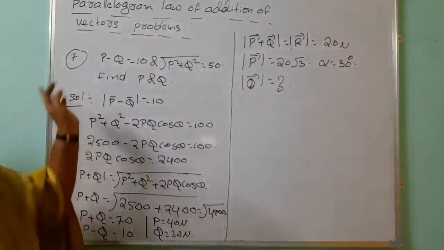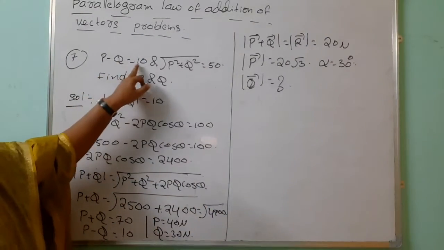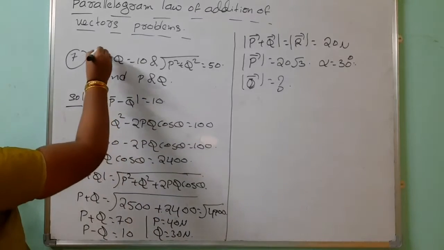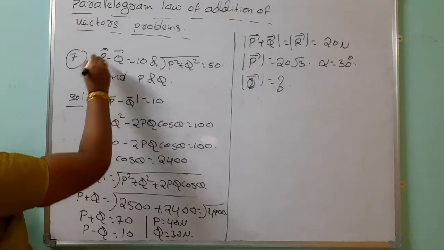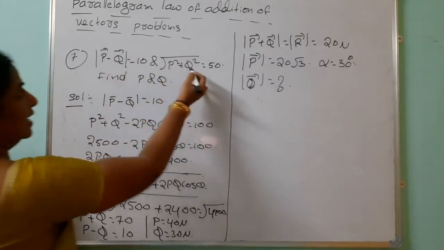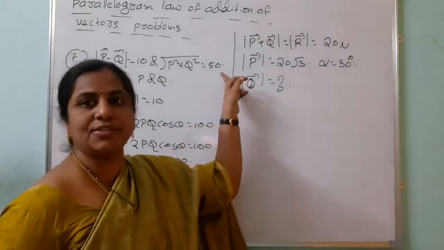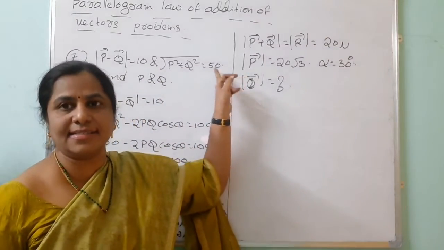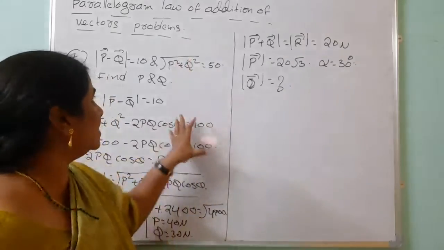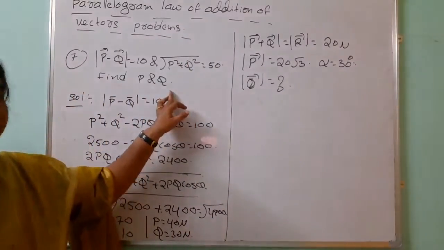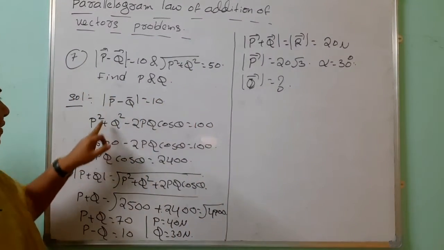Next problem: p minus q equals 10 newtons. P bar minus q bar equals 10 newtons, and under root p square plus q square equals 50. When the angle is 90 degrees, the resultant is 50. From this, how to find p and q? Look here. We can go through the same parallelogram law.